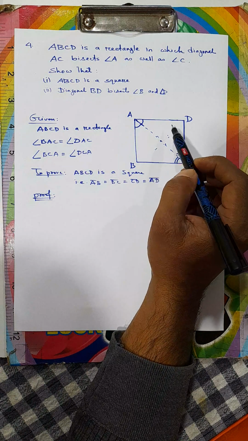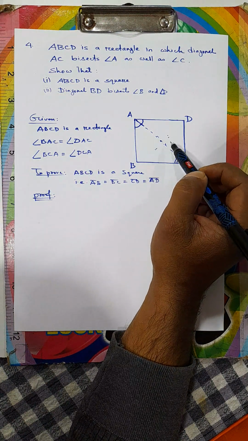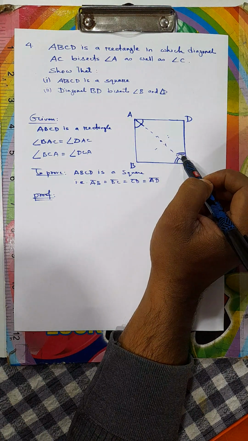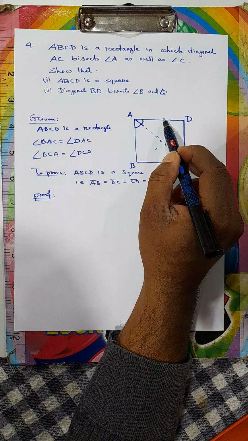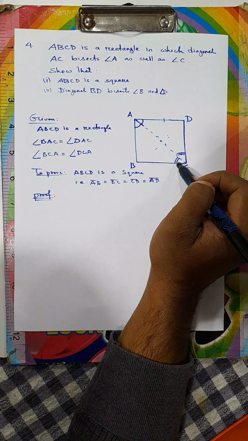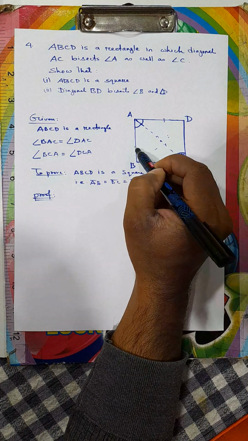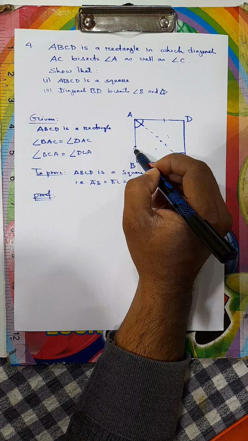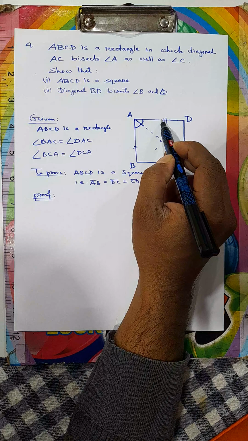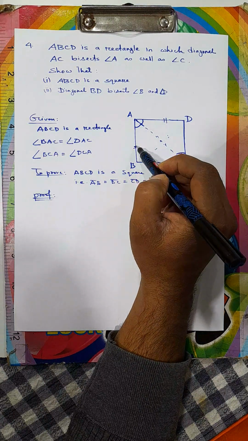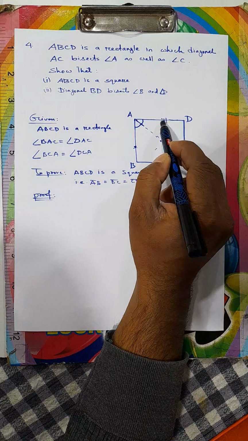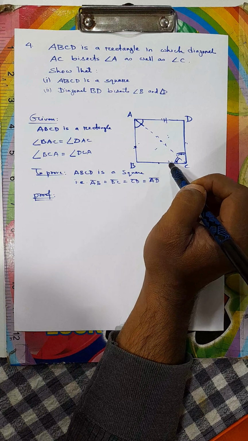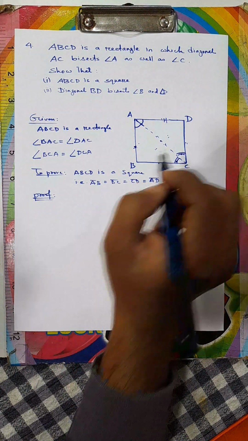Corresponding parts are equal means here the side opposite to this angle is this, and the side opposite to this angle is this, right? So they are equal. That means this side is equal to this side, that means these three sides are equal. Again, this side equal to this side, that means all sides are equal. So that it would be a square.